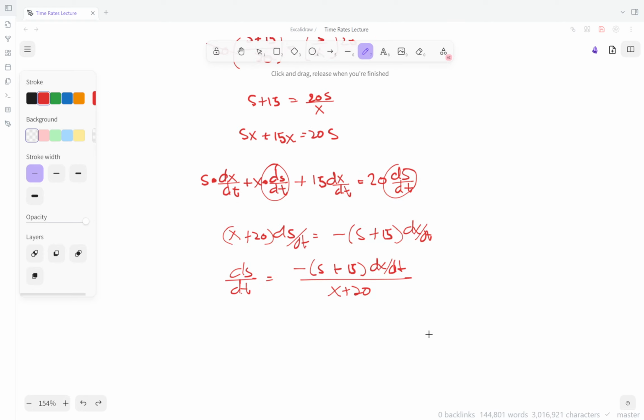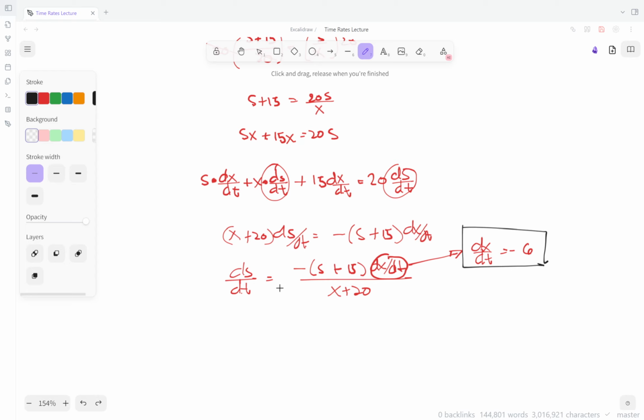Okay, so now let's take a look at the available values for us. First, we know dx dt, that's the speed of the person. As we said earlier, dx dt is negative 6, because it is decreasing.